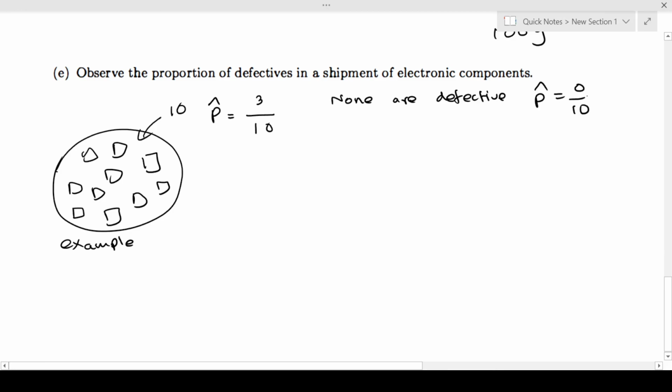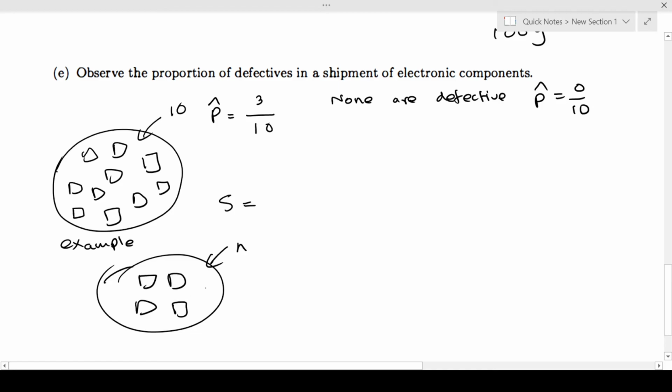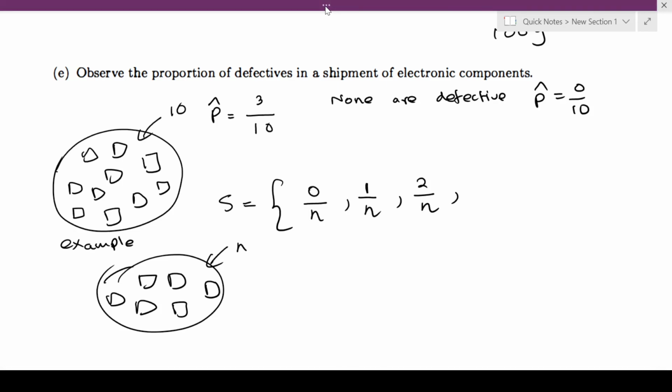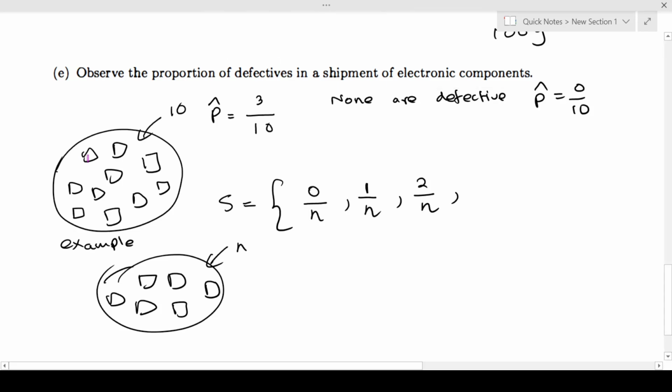So the sample space, let's take a general example. Let's say there are n items. The proportion can be 0 over n, meaning 0 defective items, or 1 defective item, or 2 defective items. What would be the maximum number of defective items? Going back to our initial example, all of these can be defective.